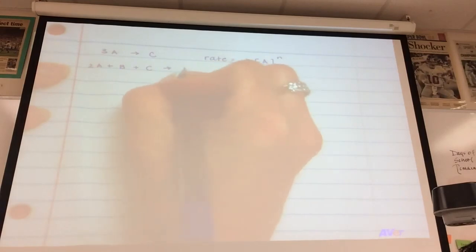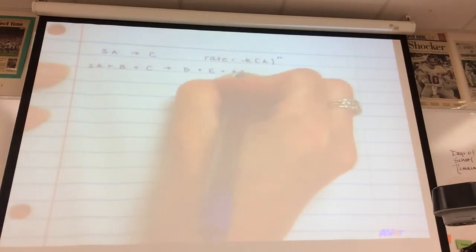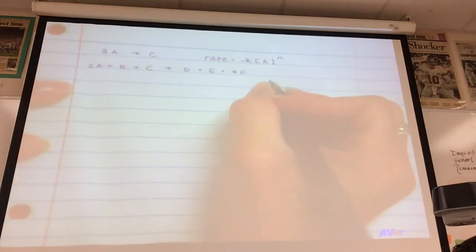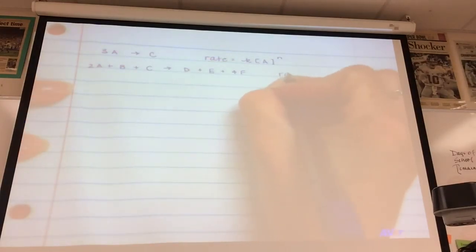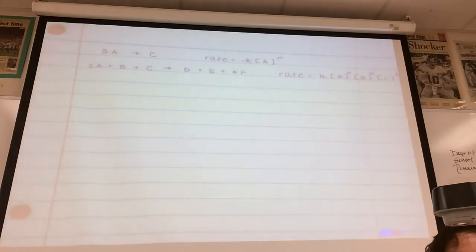What we're going to get into today is, let's say, a reaction in which you have more than one reactant. We're going to learn how to write a rate law. Again, rate is equal to k, the proportionality constant, times the concentration of reactants raised to some power, and we start in the alphabet at N and we work our way backward.